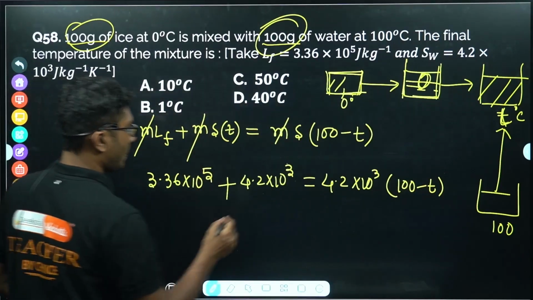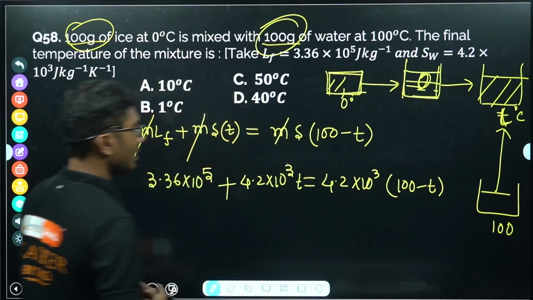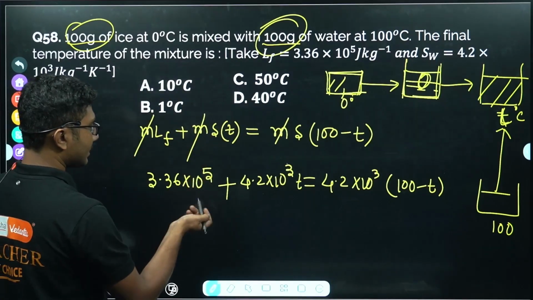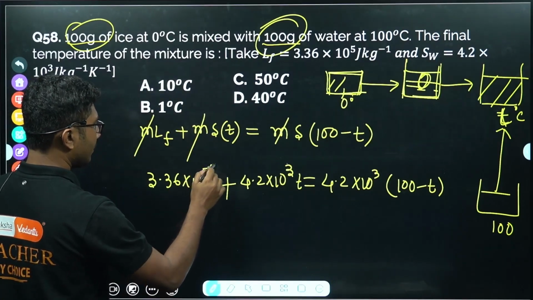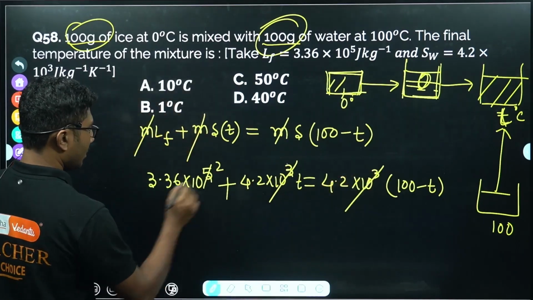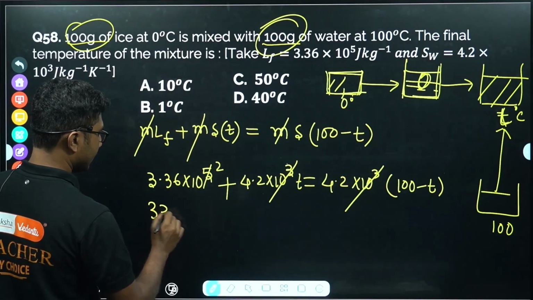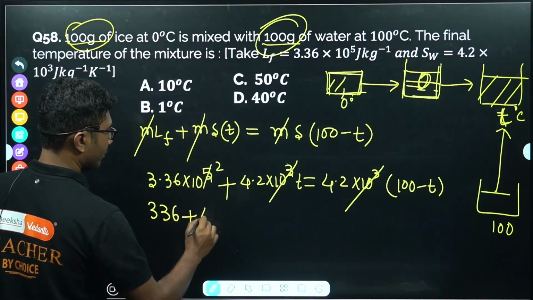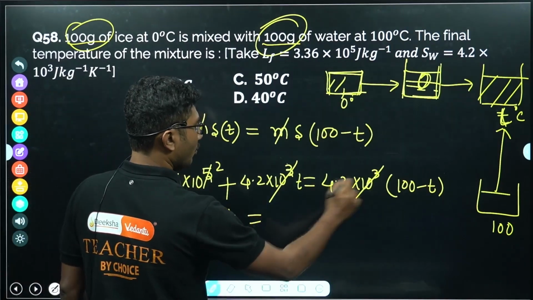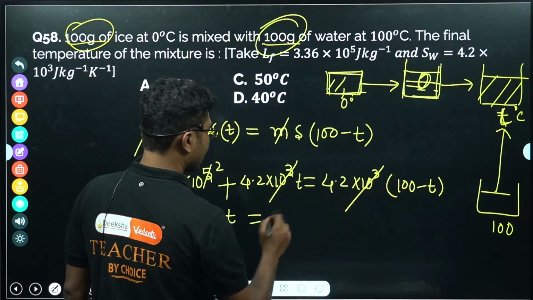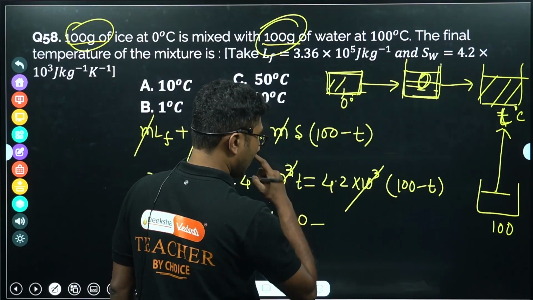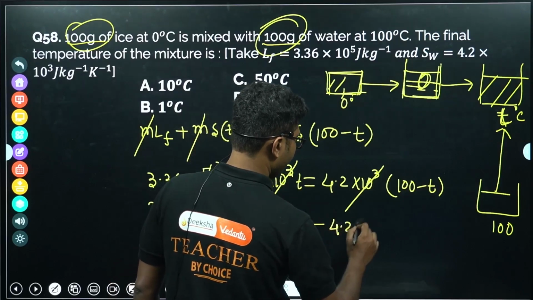If you see, there will be a T here. What we can do is this will be cancelled, right? This becomes 2, this will cancel. So 336 plus 4.2 T equals 4.2 times 100, that is 4200 minus 4.2 T.